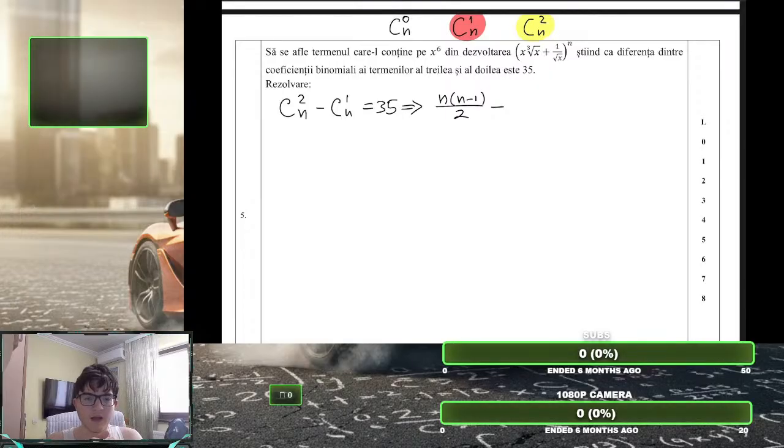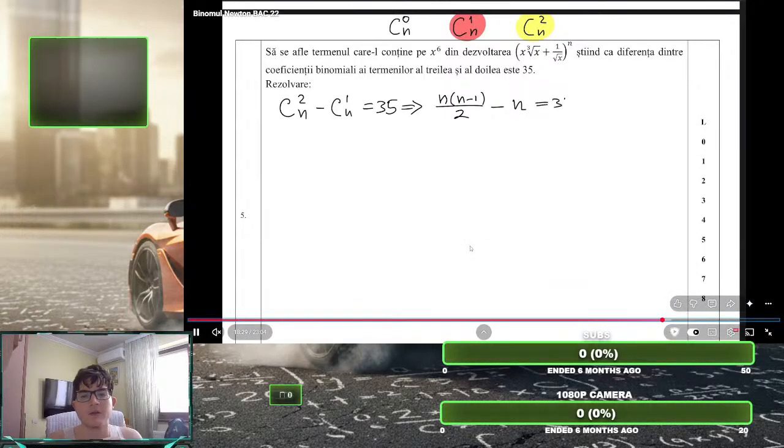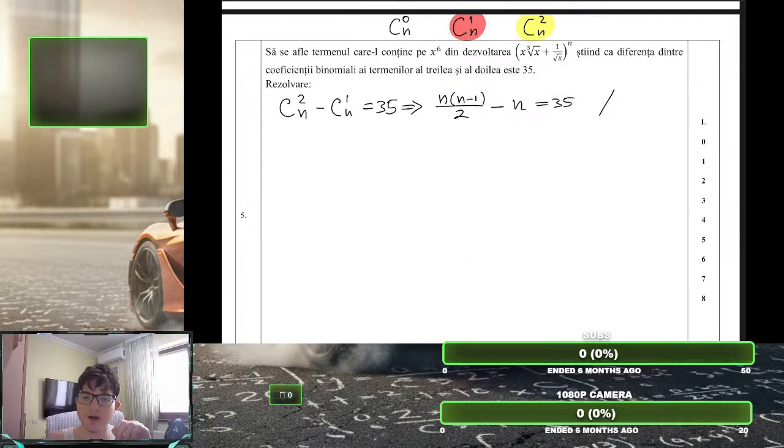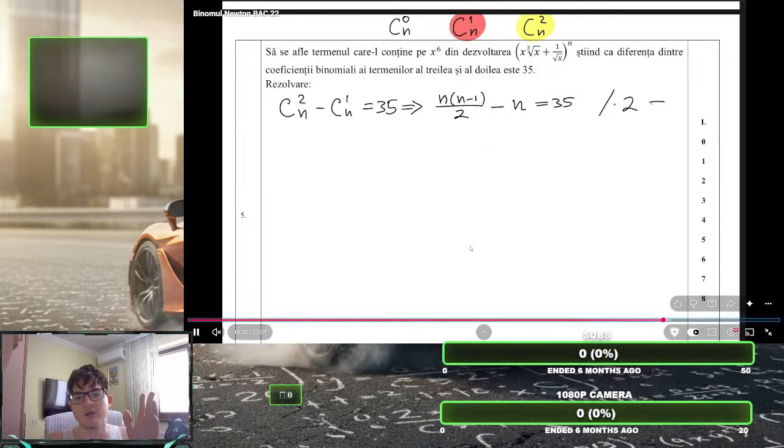So in the second one, n times n minus 1 exclamation mark, and so it's just gonna be n on top, and on the bottom nothing, so minus n equal 35. So everything times 2, right? So it's gonna be n to the power of 2 minus n minus 2n is equal to 70.